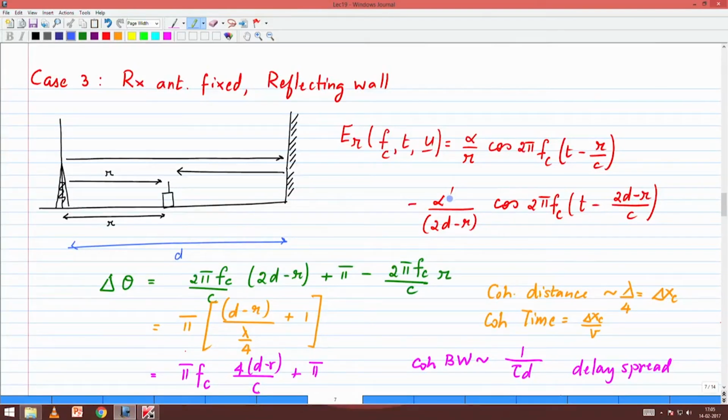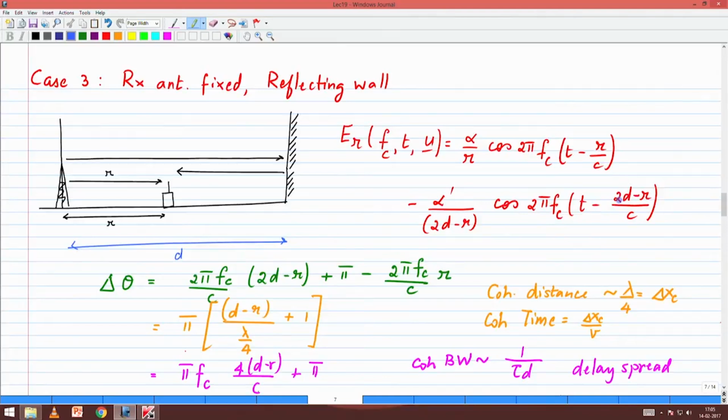It will have some gain alpha prime based on how much you lose in the process of reflection, and also given that the electric field is going to have a 180 degrees phase change, you will have to incorporate a minus sign also, in addition to the loss that you will incur in the process of reflection. The total distance traveled is 2d minus r, and then you substitute the expressions for the displacement.